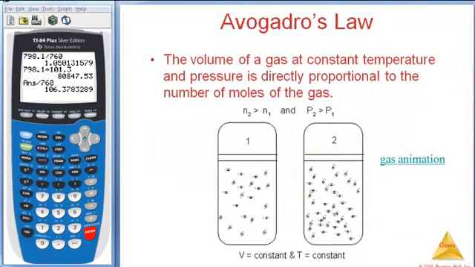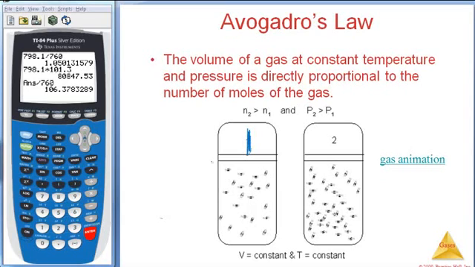Alright, so we're just talking about these so you can internalize them. Avogadro's law says that if I increase the number of particles of a gas, then the volume will go up, or the pressure will go up. So let's say I have this container here, and let's say there's a plunger on it.